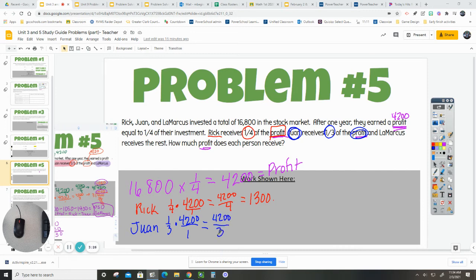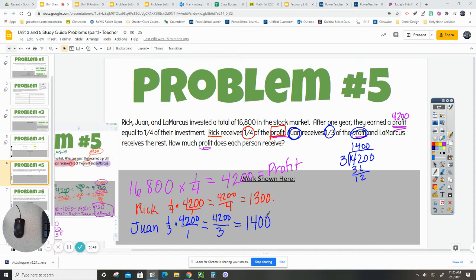I'm hoping my answers are correct. Yep. So 4,200, because I'm not perfect, divided by 3 is 1,400 that time. So Juan made a little bit more, right? Because he got a bigger portion of the profit.